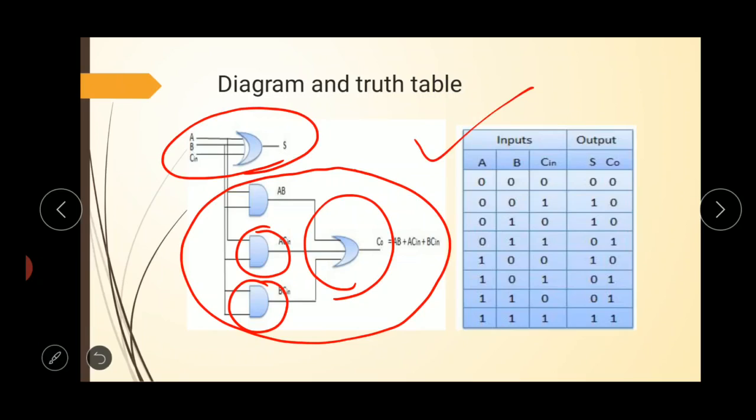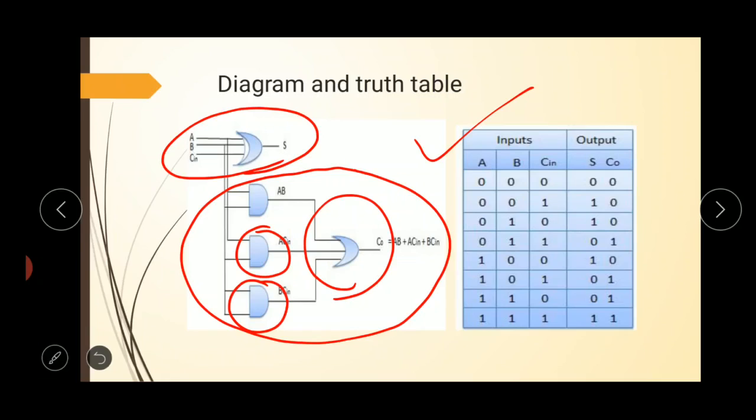In the truth table, as we have 3 inputs, we have 8 combinations of input, and at the output also we get 8 different outputs.